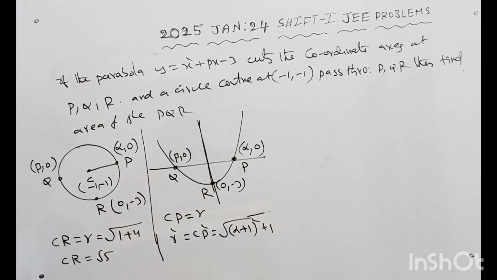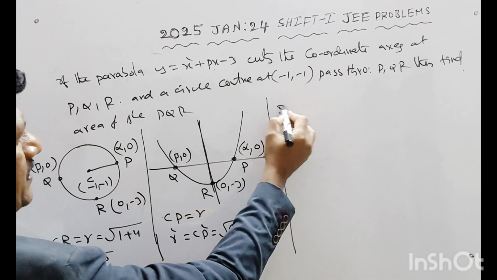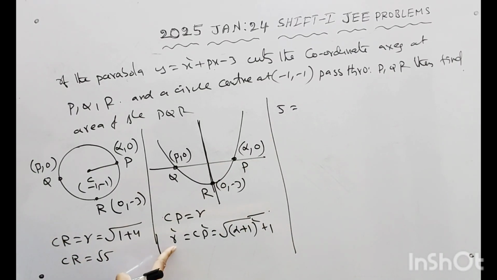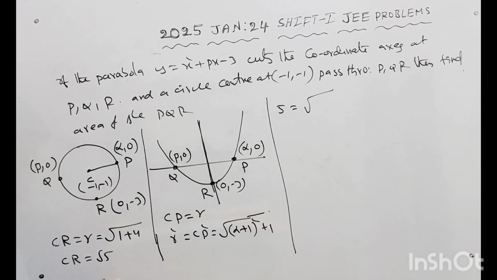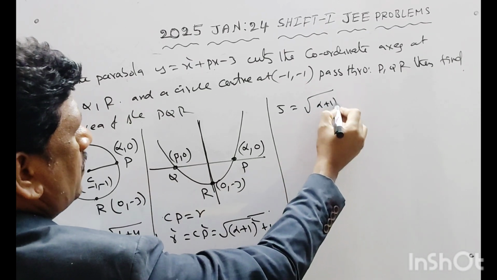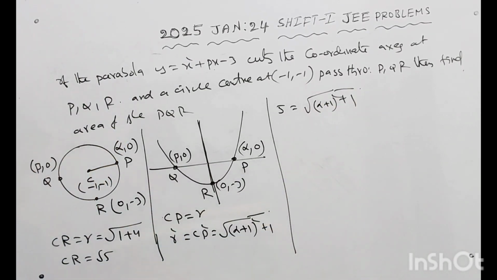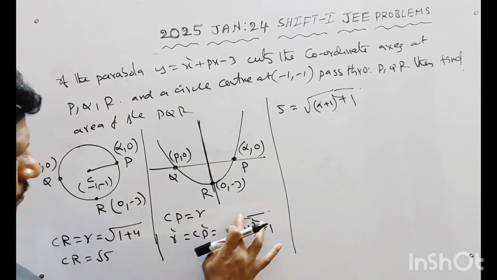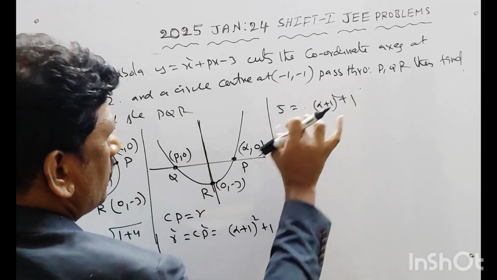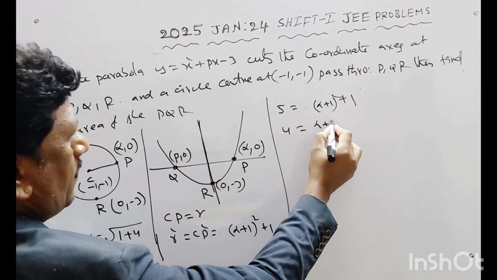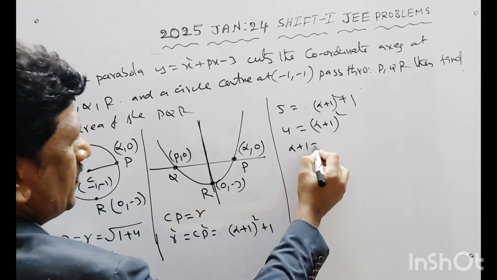The value of R square is 5, so 5 is equal to alpha plus 1 whole square plus 1. So alpha plus 1 whole square is 4, which means alpha plus 1 is equal to plus or minus 2.